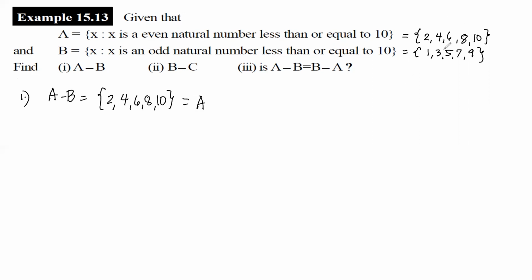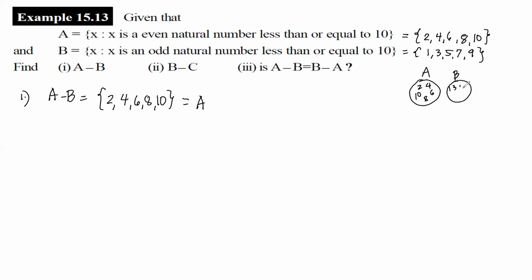And because they have no common element, they are disjoint. If we have set A with 2, 4, 6, 8, 10 and set B with 1, 3, 5, 7, 9, sets A and B are disjoint sets.